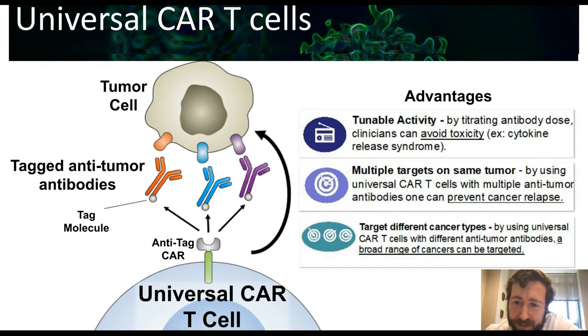And then finally, it's also very exciting because this universal CAR T cell could be used not only for hematological malignancies, but also for solid tumors, simply by combining the universal CAR T cells with different anti-tumor adapters. And so it's a highly versatile therapy compared to traditional therapy.